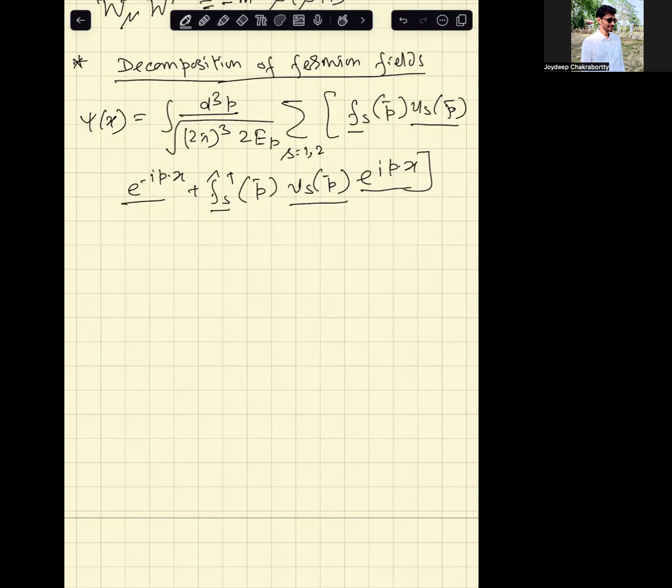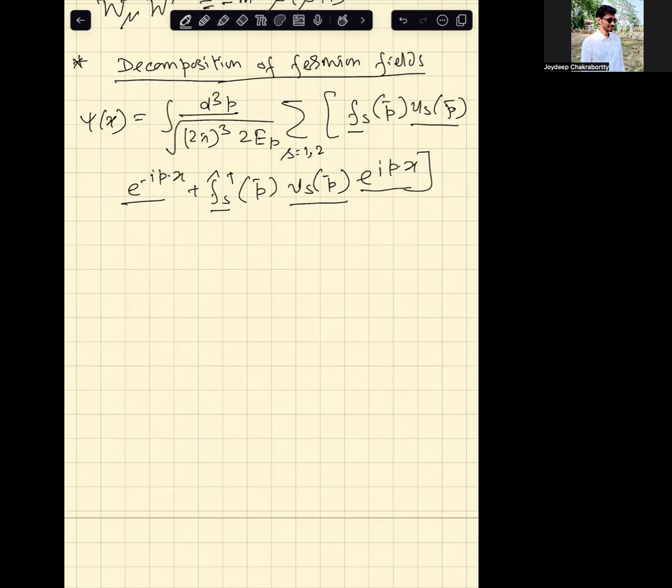Okay. So here, when I'm writing ψ, let's say a 4-component object, you have to write u_s also as a 4-component object, v also a 4-component object. But if you use the chiral representation, then you can write u and v in a 2-component way. And the left and right are related by a kind of conjugation, and so those kinds of relations will be set up. So at this moment, using the chiral operator will not be much useful, because this decomposition is independent of whether I have a chiral representation or not.